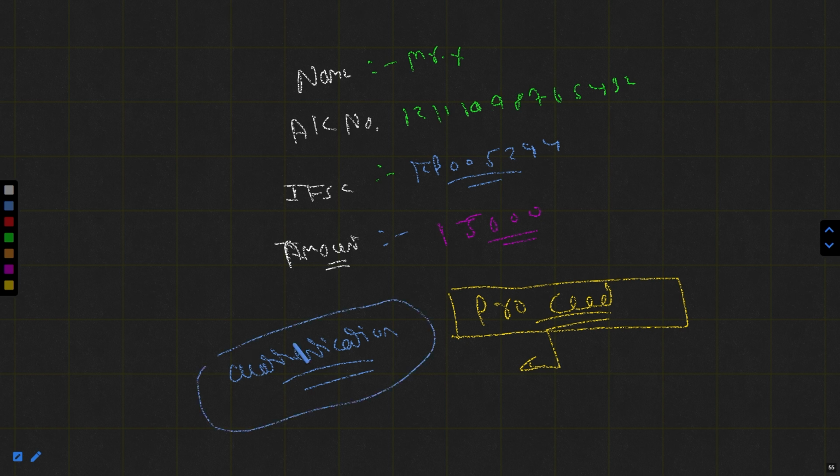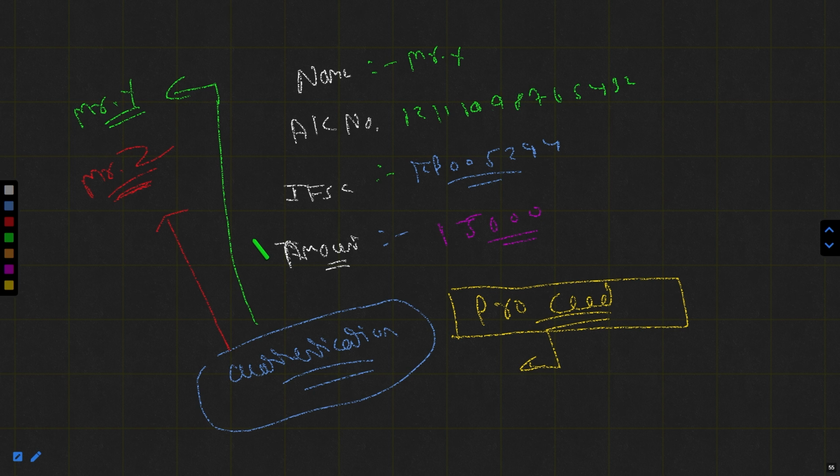Authentication is basically done to check whether you are the real owner of this account or not. Suppose the real owner of the account is Mr. Z, but somehow, due to online fraud, Mr. Y is trying to log in to the account.